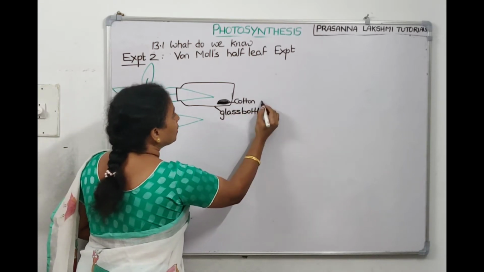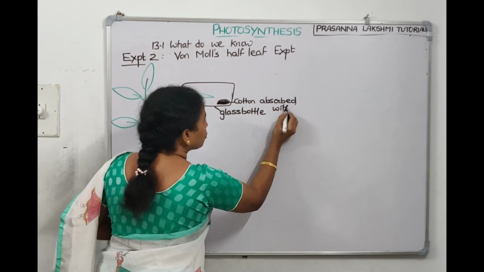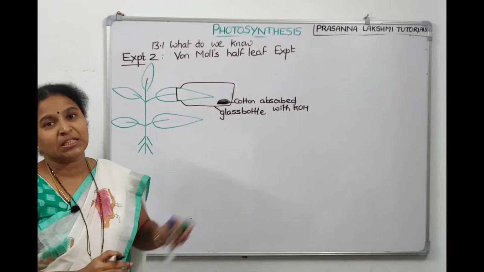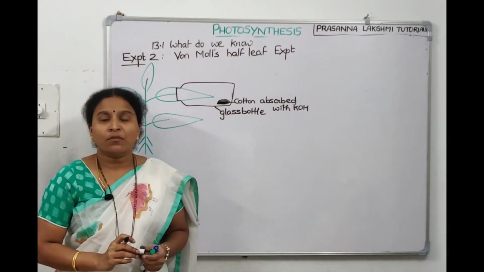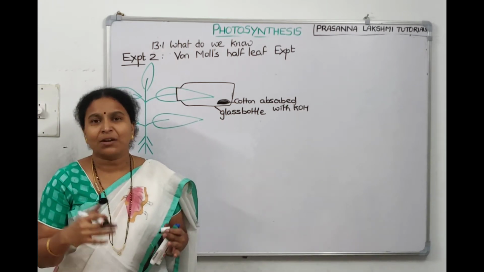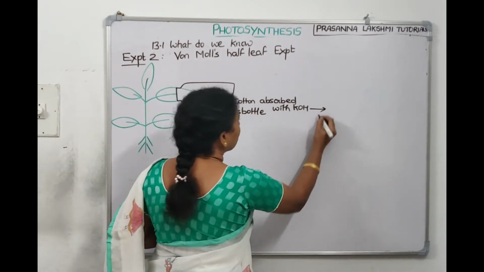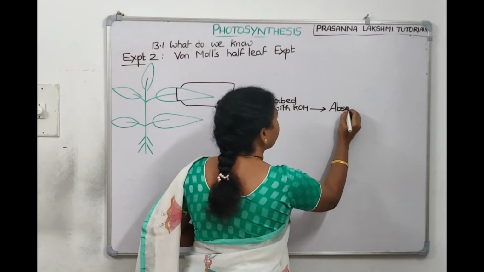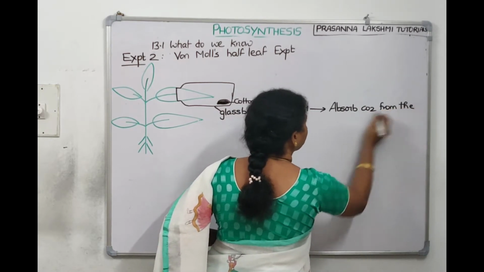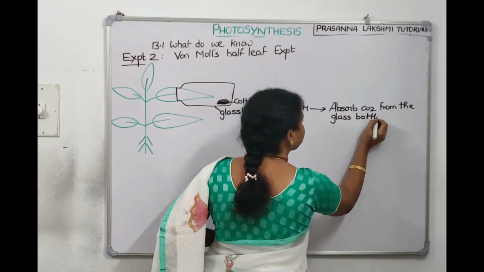Cotton absorbed with KOH. Now you have kept KOH-dipped cotton inside the glass bottle. What will this KOH-absorbed cotton do? It will absorb carbon dioxide. It will consume the carbon dioxide from the glass bottle, right?